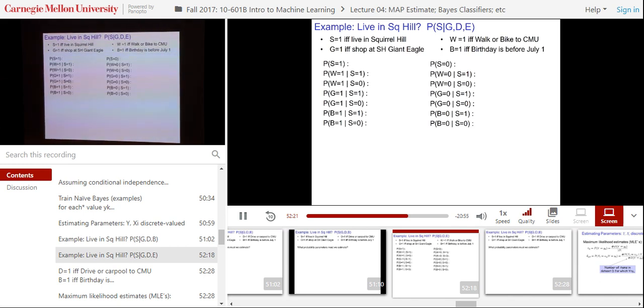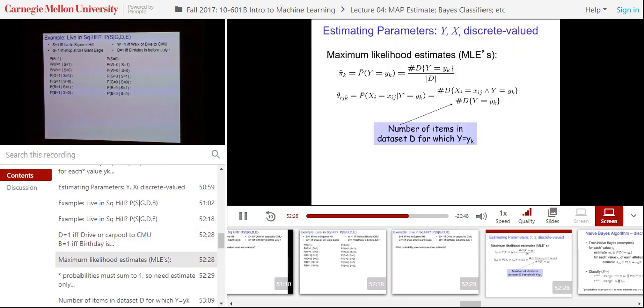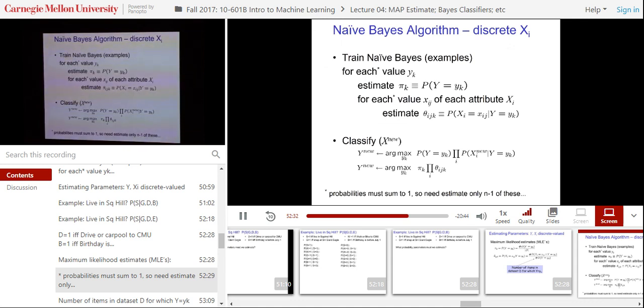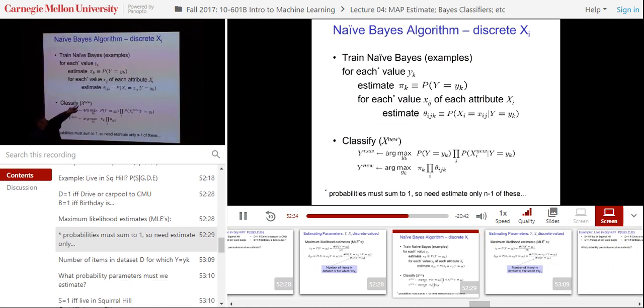Okay, so in a nutshell, here are the probability terms we need to get, right? Let's go back to our slide. We need these parameters during training, because when we go to classify the people in the front row to find out, do they live in Squirrel Hill, yes or no, what we're going to do is pick the value of yes or no for y which maximizes this quantity.